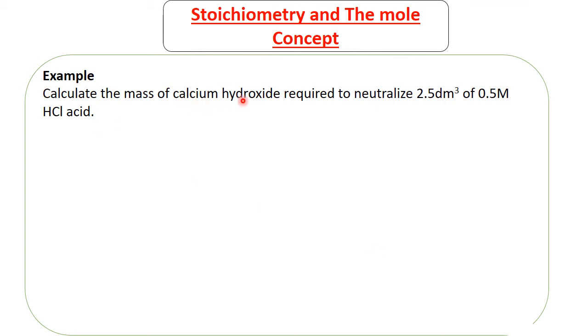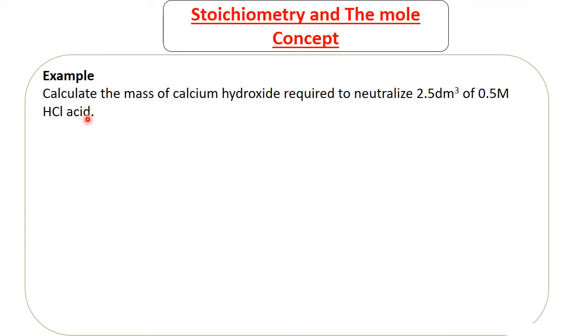Calculate the mass of calcium hydroxide required to neutralize 2.5 decimeter cubed of 0.5 moles per decimeter cubed of hydrochloric acid. So we have calcium hydroxide here. It's going to participate in a neutralization reaction with hydrochloric acid.